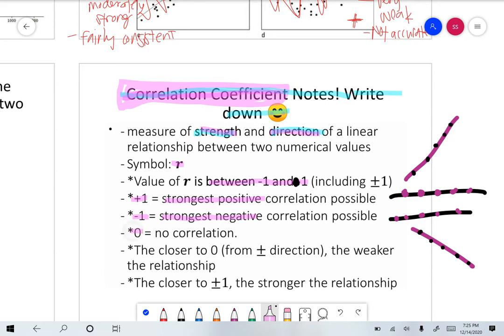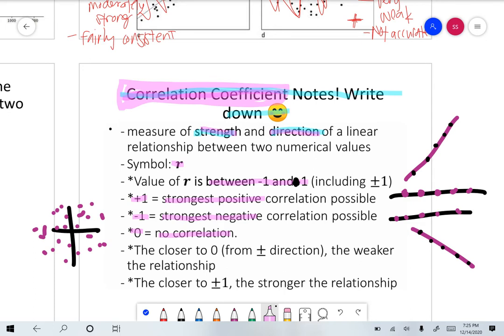An r of 0 would mean that there's absolutely no correlation, meaning we have this graph, we have a ton of completely random data. There is no pattern, there is no relationship. That would give us an r of 0. Okay.